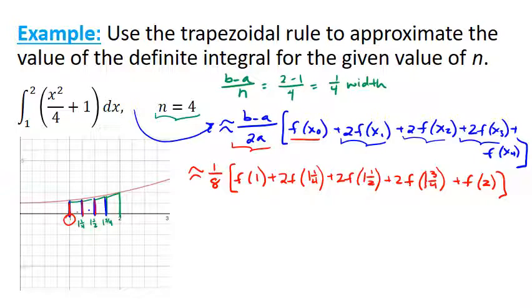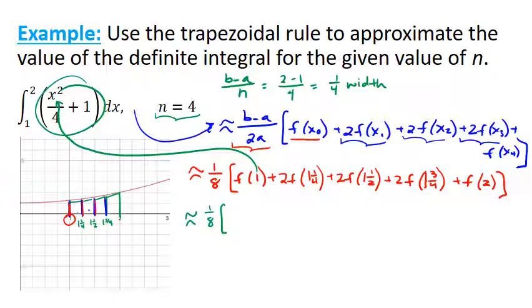And all we are doing is finding these heights. And the way we find these heights is we plug this x value into this function. So all we're doing is plugging these in here. So when we do, I'll have 1/8 times, when I plug 1 in, I get 1/4 plus 1, which is 5/4, plus 2 times, so I'm going to plug 1 1/4 in here.